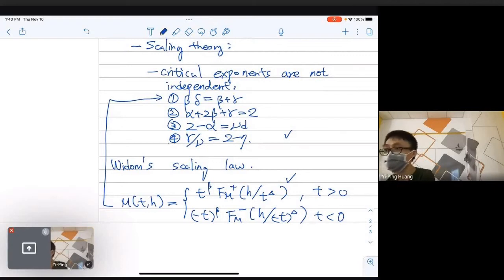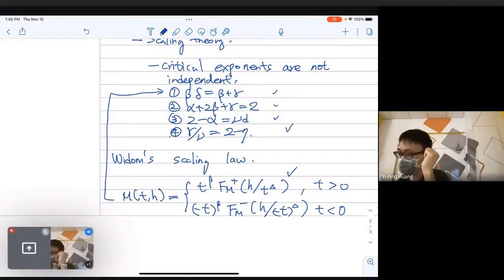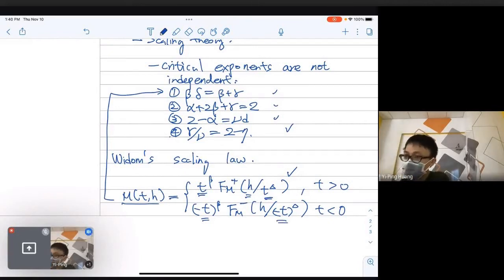So in order to construct these relations between the critical exponents, we essentially postulate some functional form based on the dimensionless parameters of our problem, and from there we argue that there should be relations between the critical exponents.